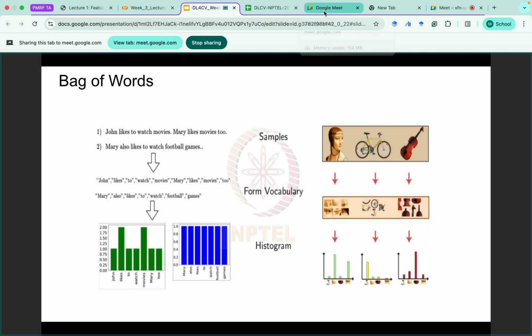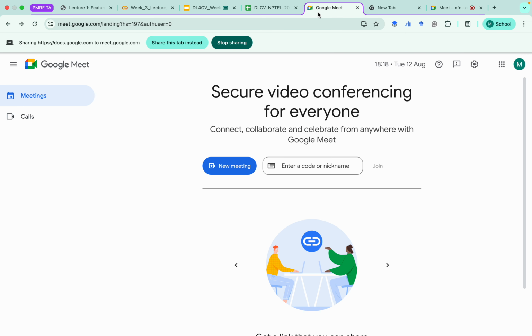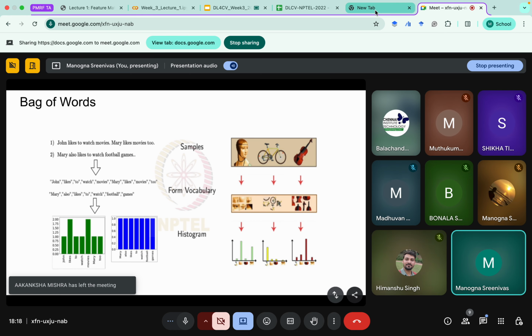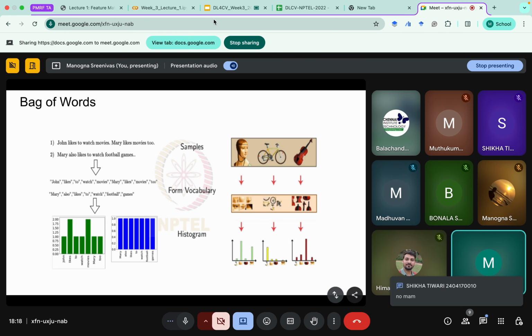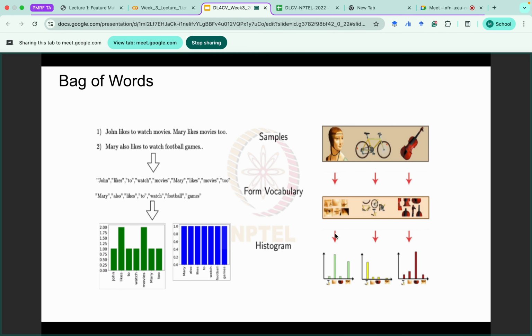Any question? Okay. So yeah, given my training data set, I can create a vocabulary, and when I have a test image, I can extract parts from that image and then compare it with what I have in the vocabulary, and then get a histogram based on that, right?